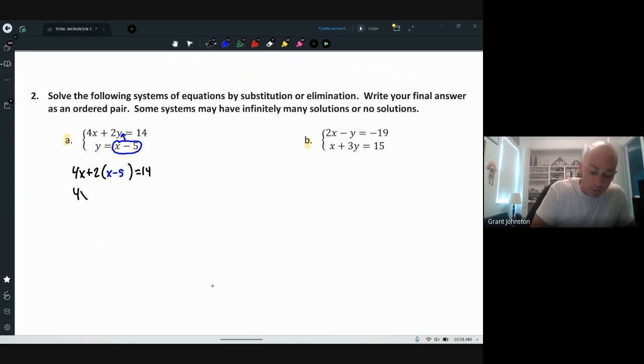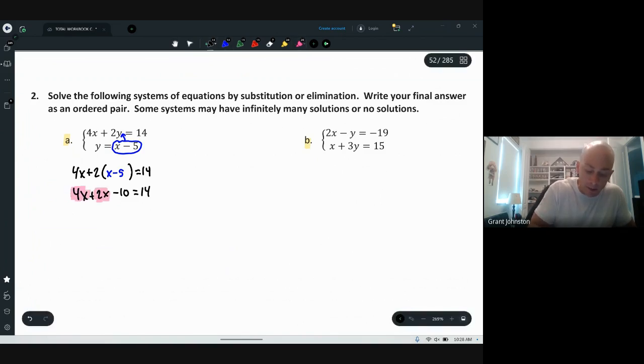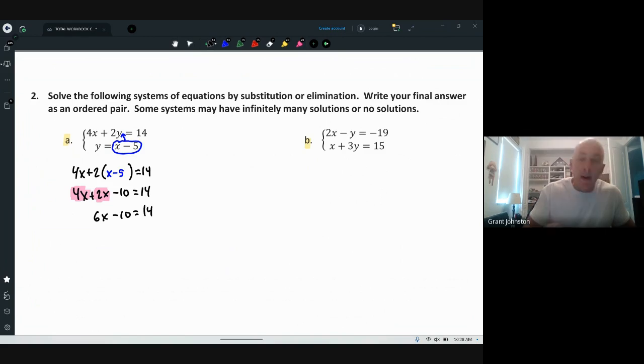Distribute the 2. I have 4x plus 2x minus 10 equals 14. I can combine like terms here. The 4x and the 2x make 6x. I'm sorry, I'm going kind of quickly here just because we did practice this in the last couple of lessons. Add 10 to both sides. Divide by 6. We have x equals 4.